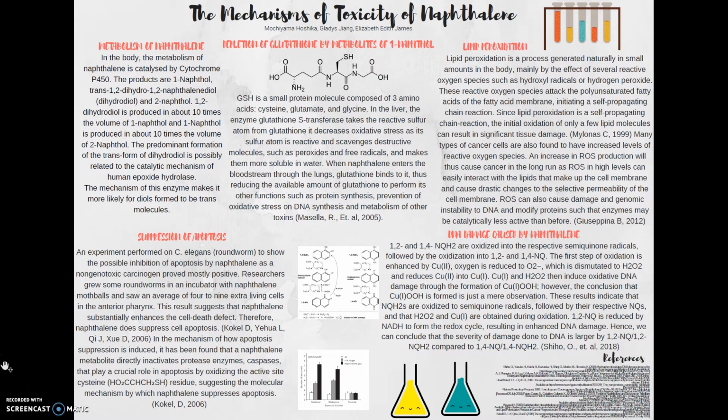Copper-1 ions and H2O2 then induce oxidative DNA damage through the formation of CuOOH, which stands for cupric hydroperoxide. However, the conclusion that cupric hydroperoxide is formed is merely speculation.